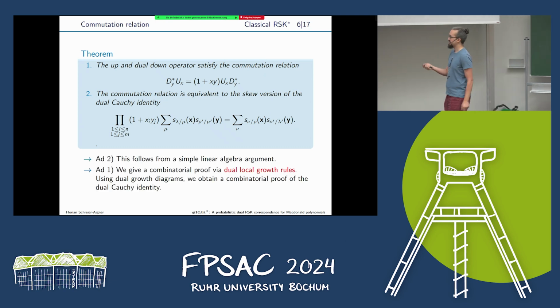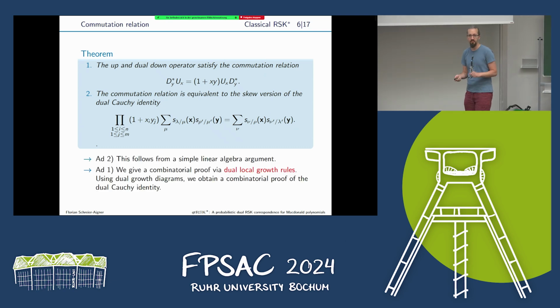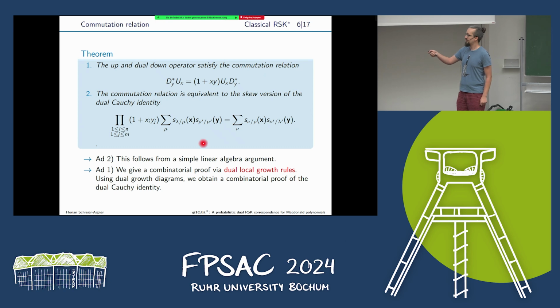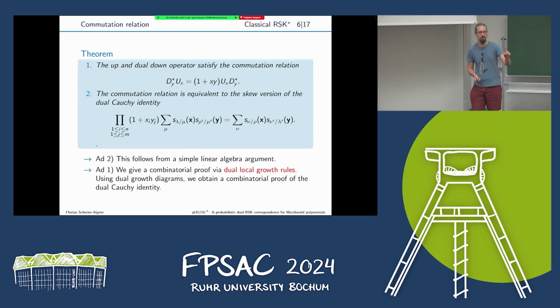And so the second part is actually quite easy to see. The one side is that this commutation relation is actually a special case of the Q version where we restrict to just one x variable and one y variable. And the other way around, you can obtain this by a very simple linear algebra argument.